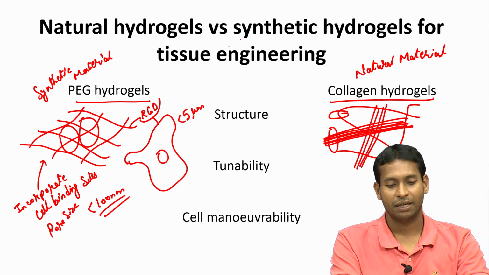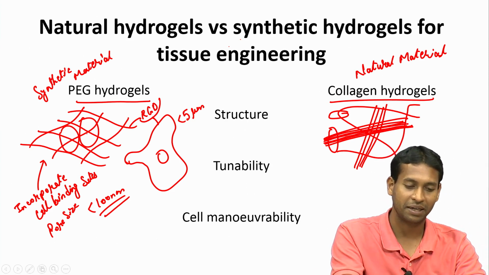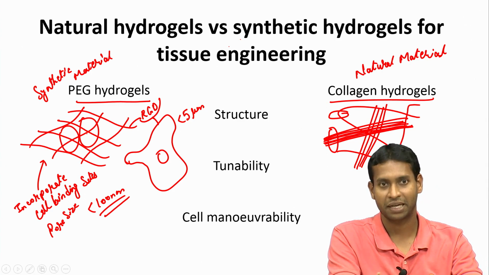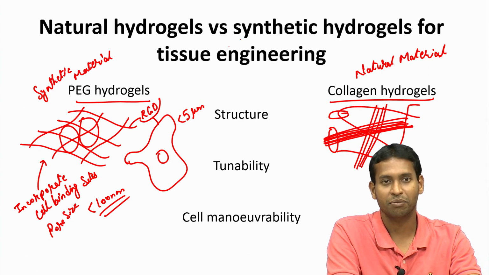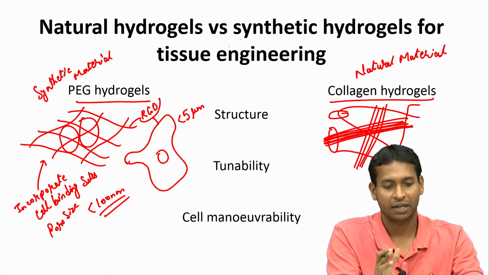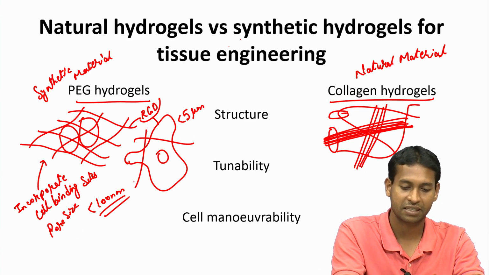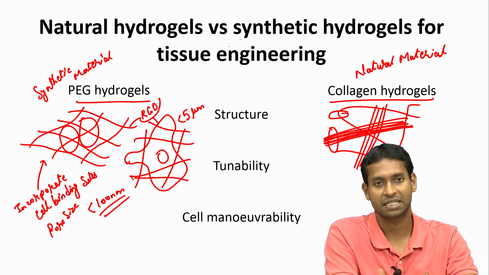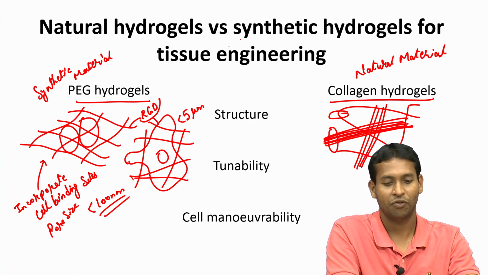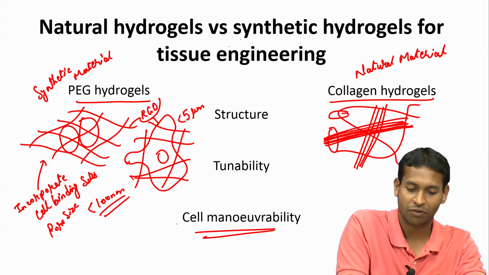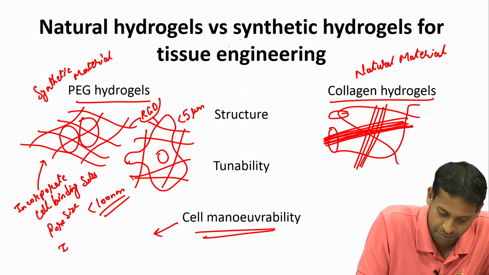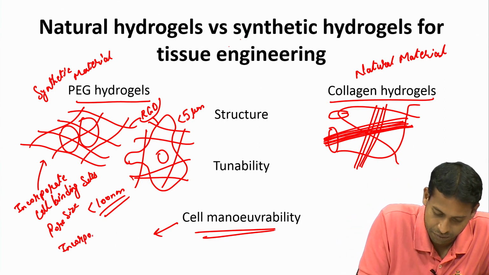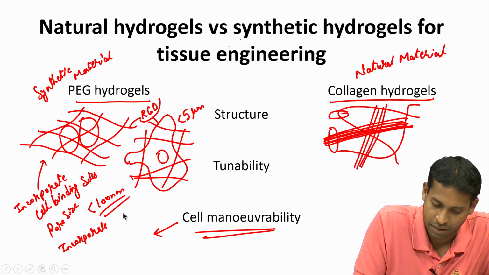If the pore size is 100 nanometers, fairly uniform plus minus 10 or 20 nanometers, these cells can't really move through that. They are locked in by polymer chains crisscrossing them, and they can't move anywhere if you have encapsulated them inside. So, if you want cell maneuverability, you also have to incorporate the protease cleavage sites.